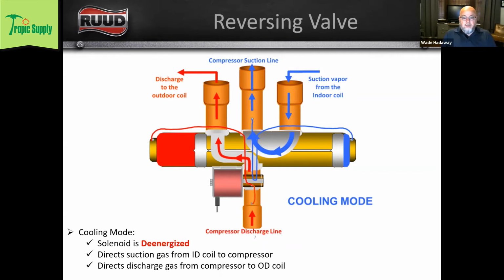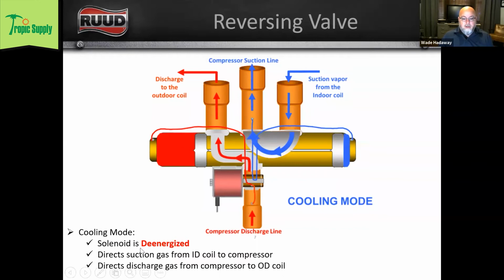And it's being diverted to the center tube, which is always our common suction going into the compressor. So then coming out of the compressor, we go to the bottom port. And then that diverts that gas to the left-hand side, and that sends our hot gas or our discharge gas from the compressor to the outdoor coil.